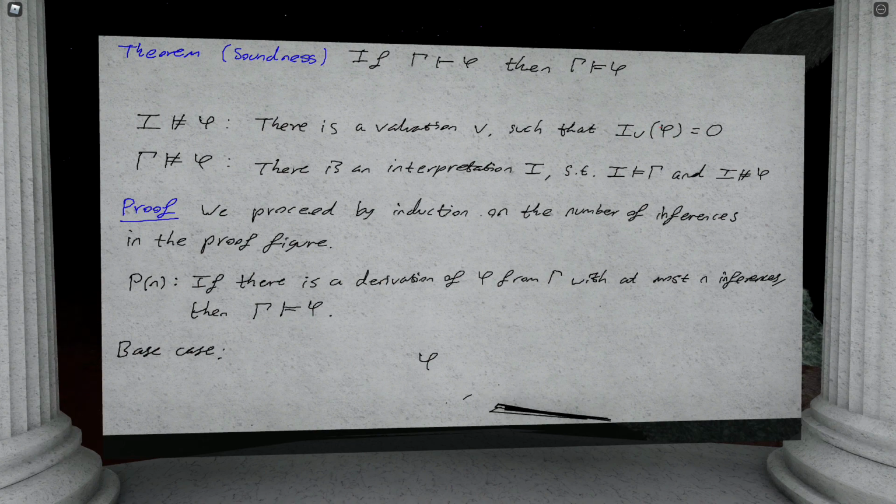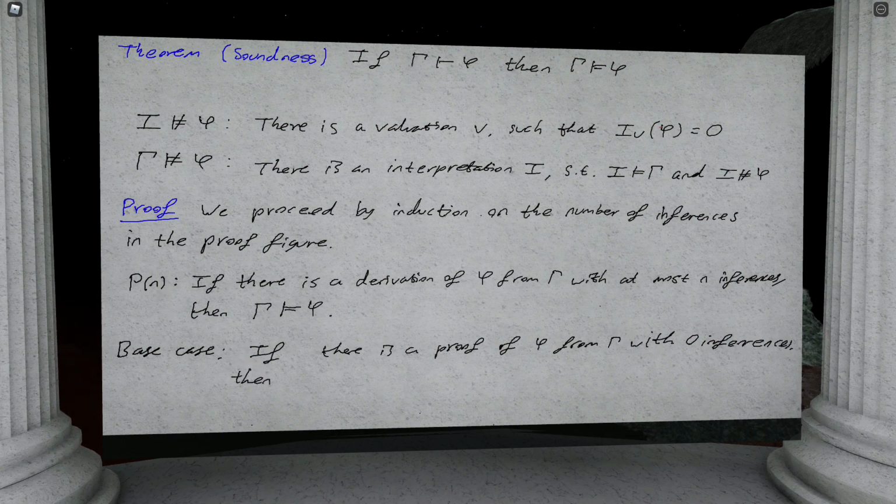So if there is a derivation of phi from gamma with at most 0 inferences, then phi is actually in the set gamma, because there's only one such possible proof.